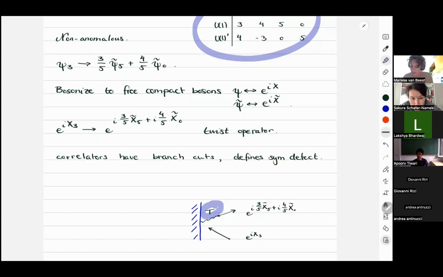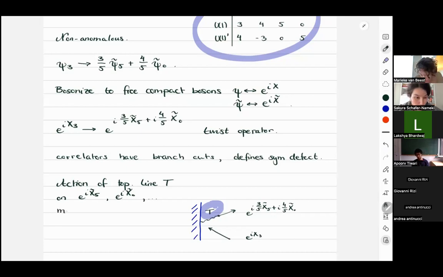Okay? And we can figure out the action of this defect, of this topological line. So the action of the topological line, T, on the local operators. So they're going to be looking like this, 5, 0, and so on and so forth.